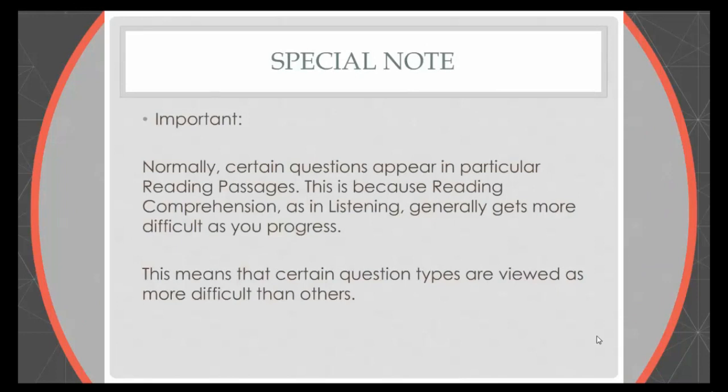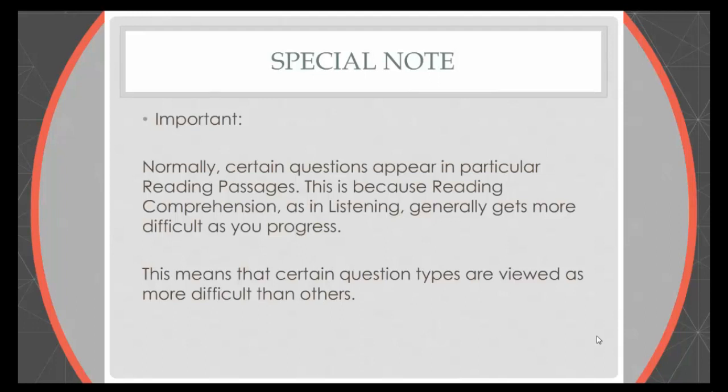Normally, certain questions appear in particular reading passages. This is because in general, reading comprehension gets more difficult as you're going through the reading passages. Most of the time, reading passage number 3 is going to be much more difficult than reading passage number 1. All right? And certain types of questions are viewed as more difficult than others.